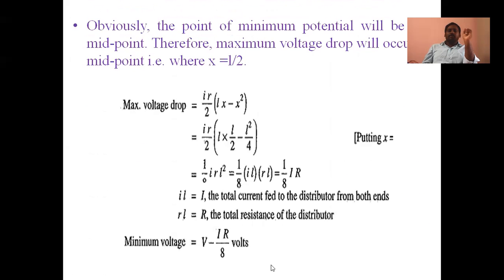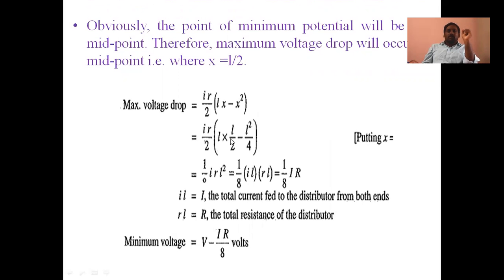So finally, the maximum voltage drop is equal to i r by 2 into (Lx minus x square), where x is equal to L by 2. In the one end case x is equal to L, as we discussed, but here with two ends we consider half of the value.